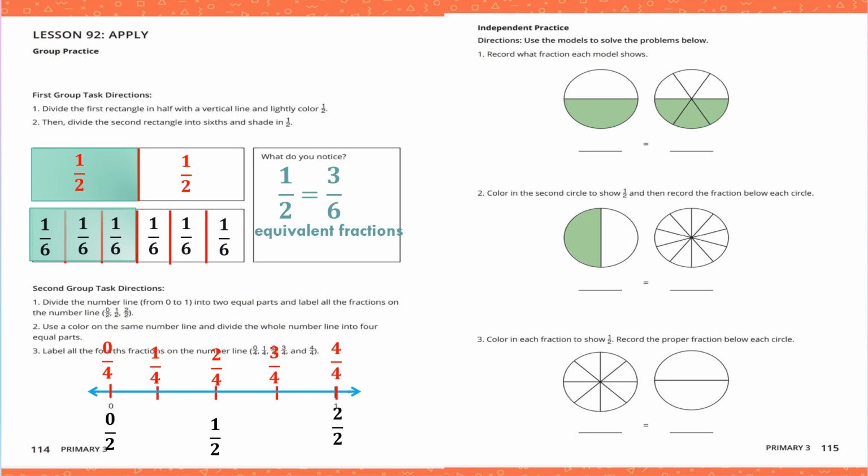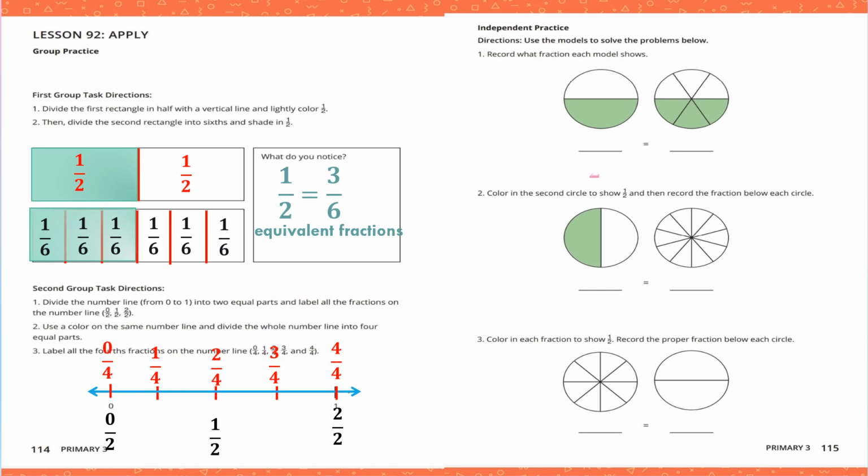The second page, number 1, record what fraction each model shows. The first shape, remember the rule of the fraction: we write the numerator, the number of colored parts, and the denominator, the total parts. So I have here one colored part, and the total parts are 2.